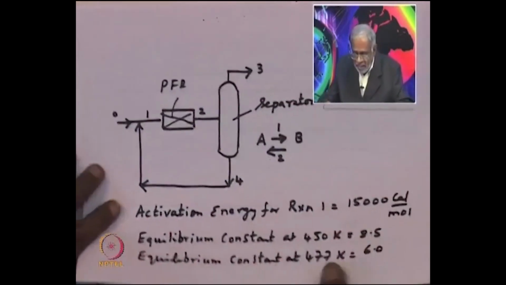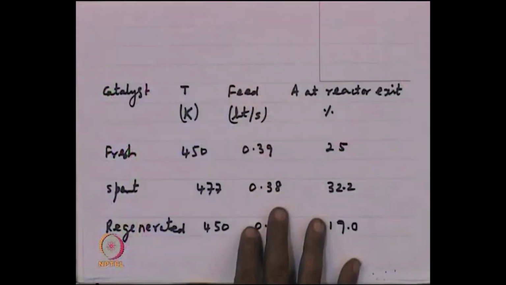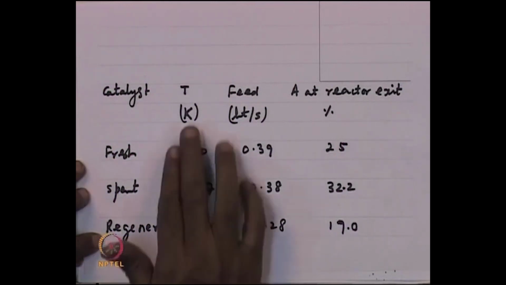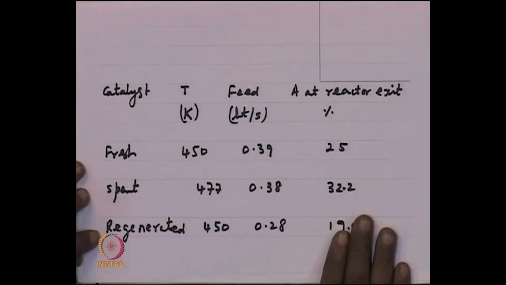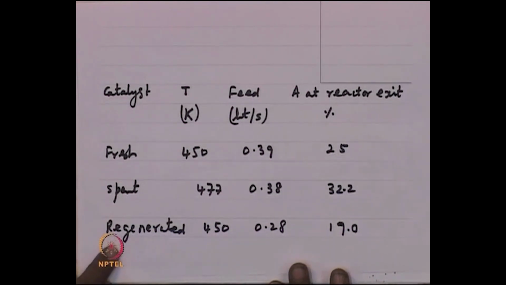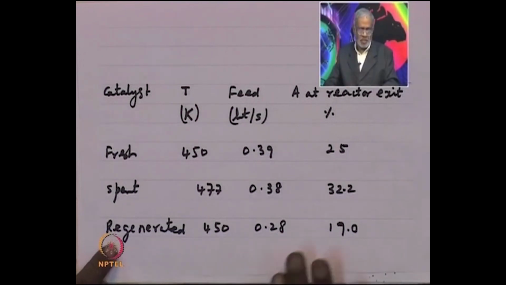What is the data given? The data says the following. Here is a catalyst: fresh catalyst, spent catalyst, regenerated catalyst, the performance is given. Now, we are asked to judge whether the regeneration process that we have adopted is good enough to be purchased.